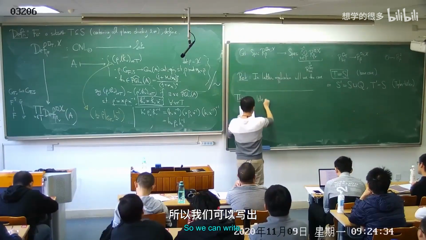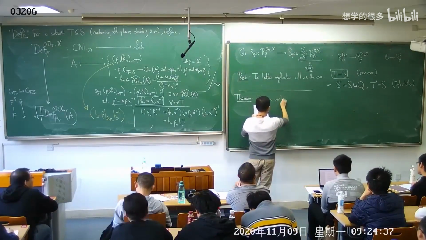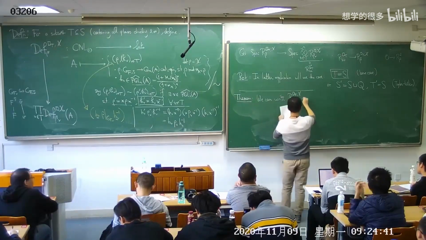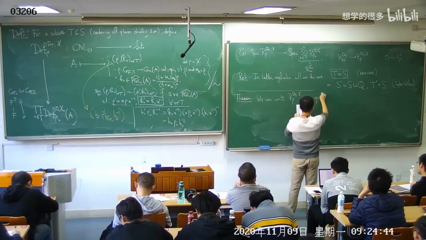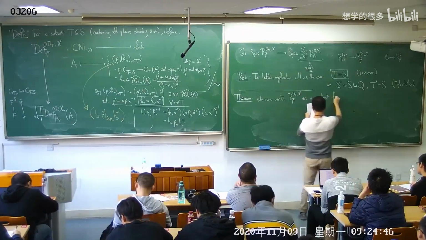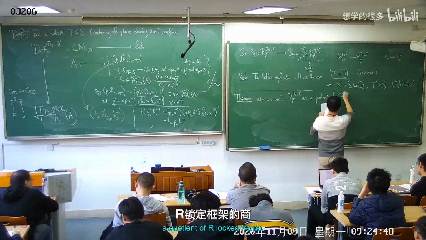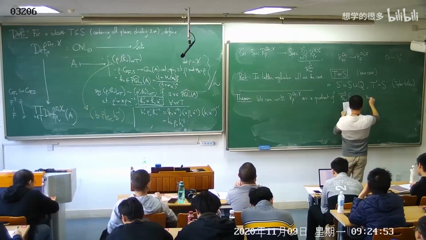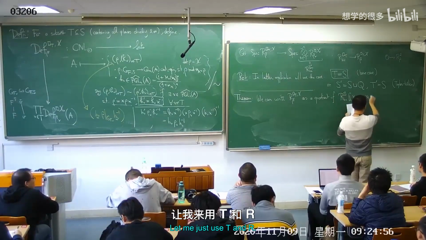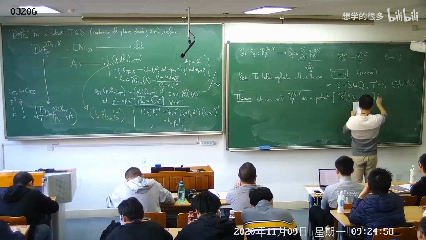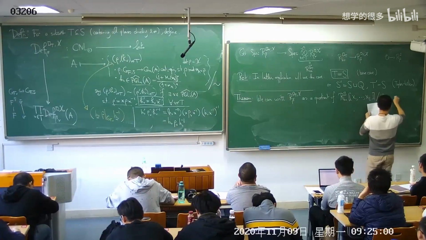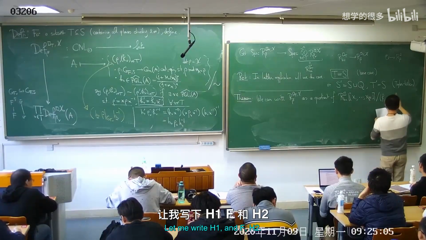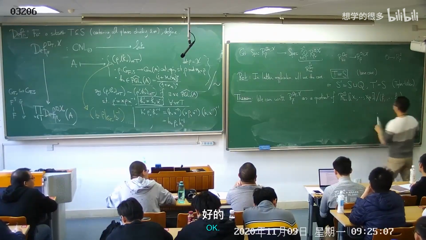So we can write a quotient of our log frame of some variables. Let me just write T and R, so they're simpler. Maybe write H1 and H2.